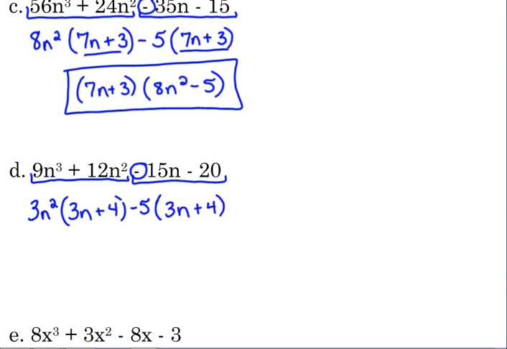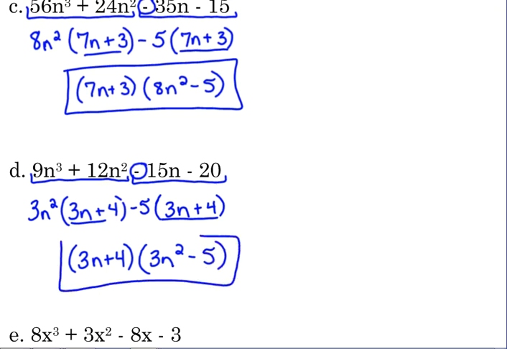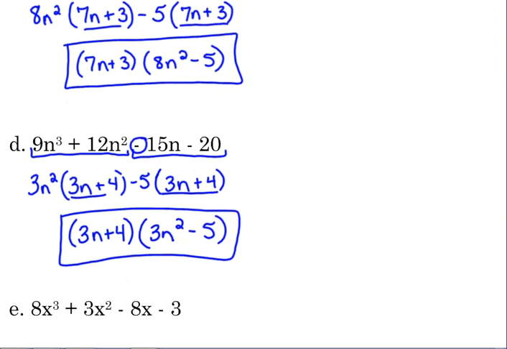And that makes our signs work out the way that they should. So we've got the exact same linear factor, 3n plus 4. And we are left with 3n squared minus 5. No difference of perfect squares still.